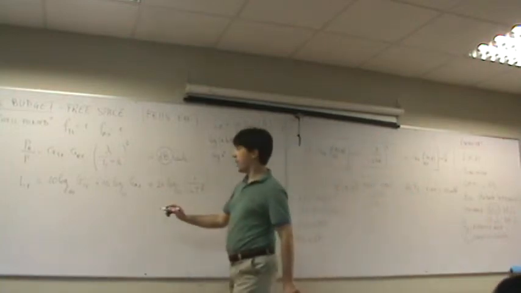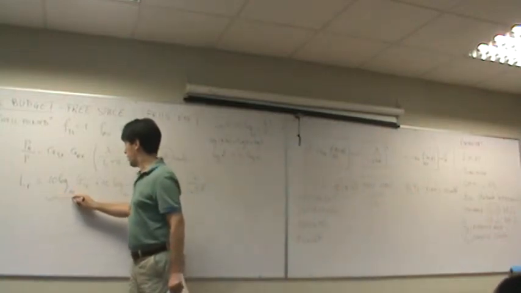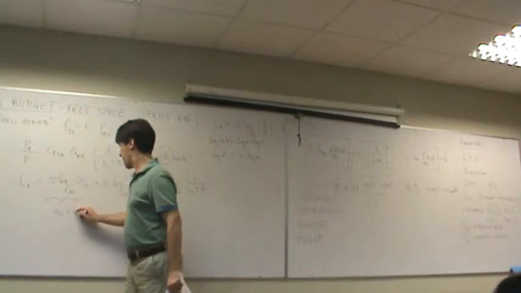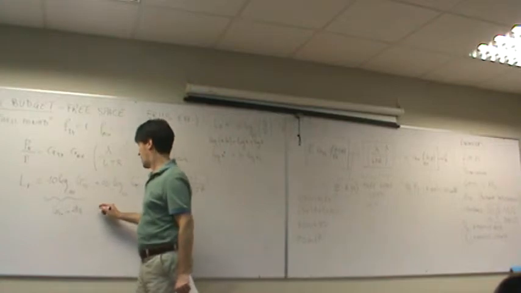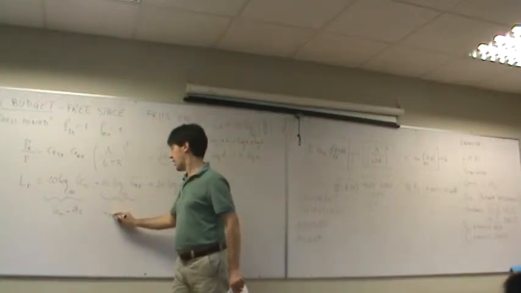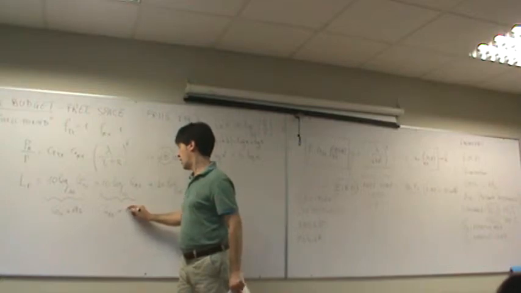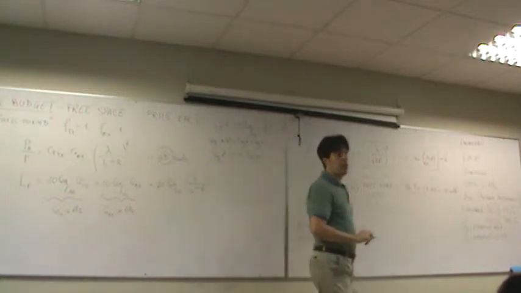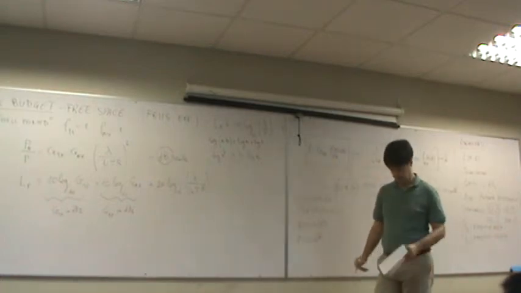Now this is the antenna gain in dBi. This is the receiver antenna gain in dBi. That is something you easily find on the specification.